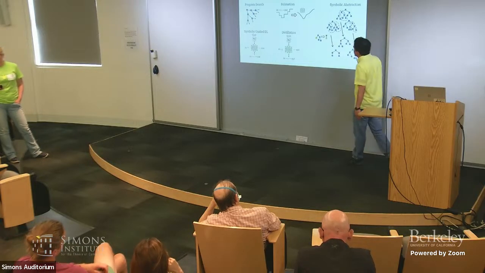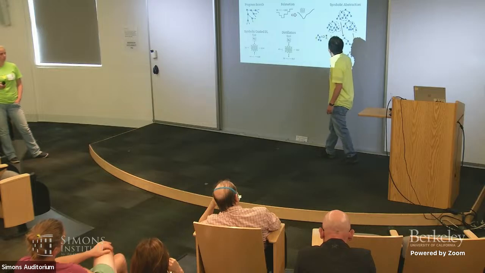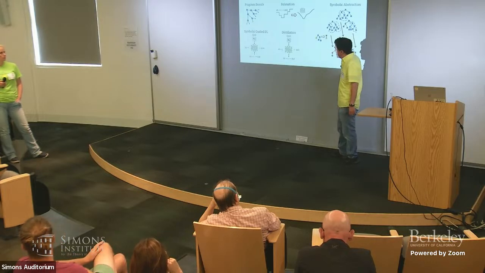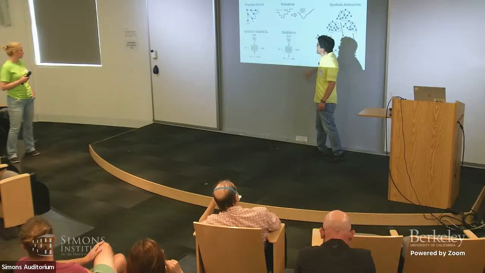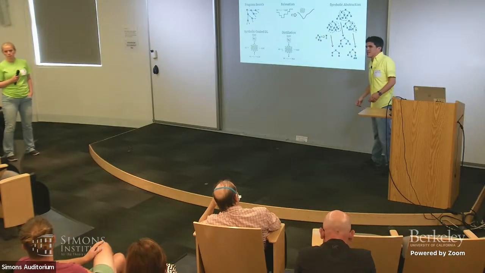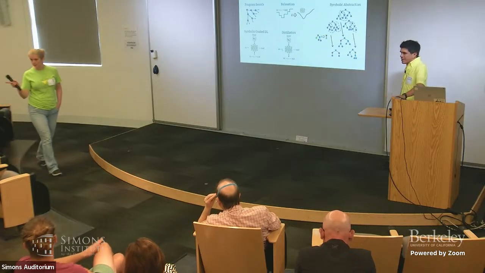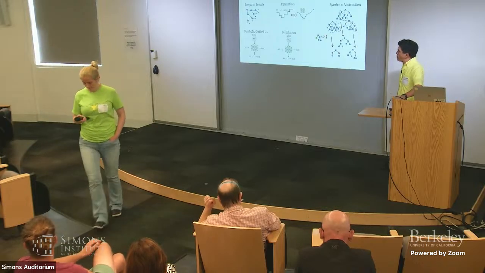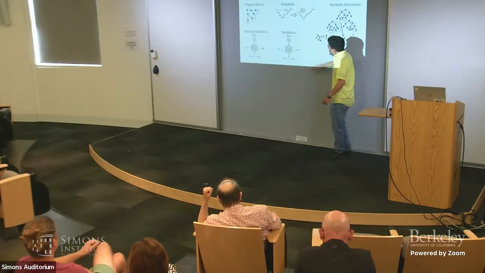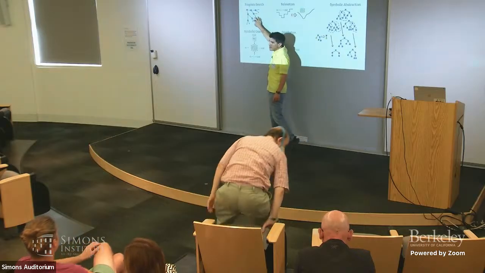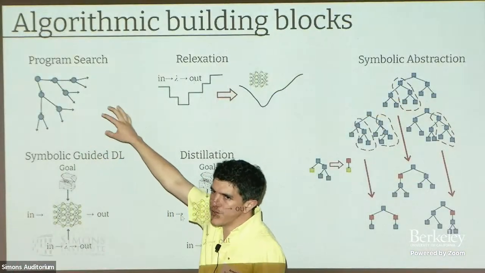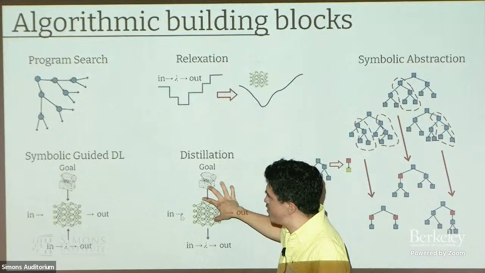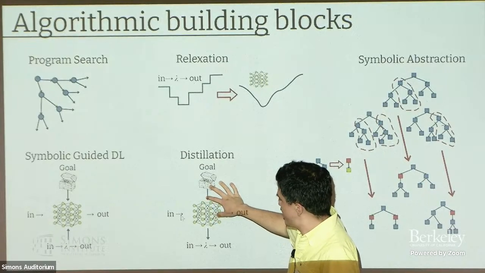And I think one of the messages that I want to convey, fortunately, I didn't get to talk about this part, is that all of these different building blocks are generally acting together as a whole, right? So for example, when you're doing distillation, you might be using program search, and you can use all the different varieties of program search in order to do distillation more effectively.